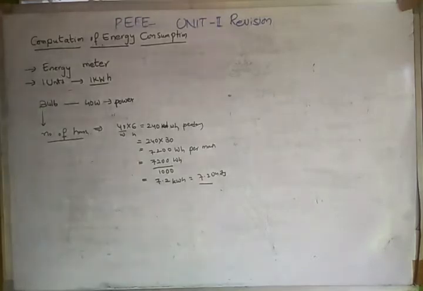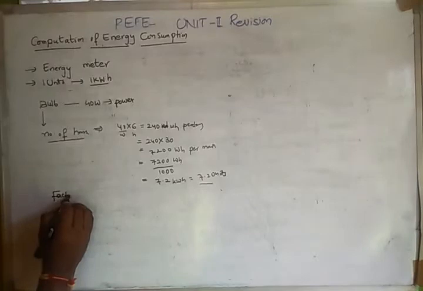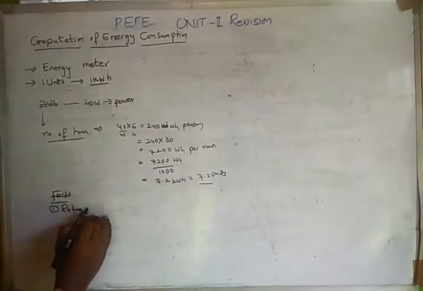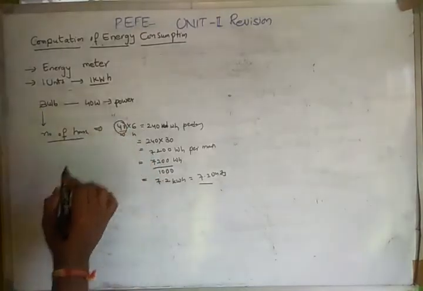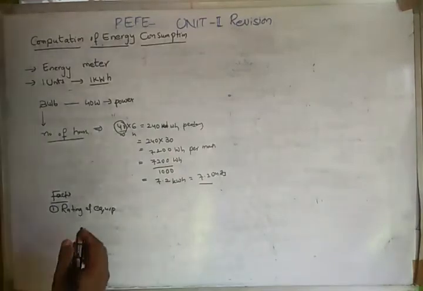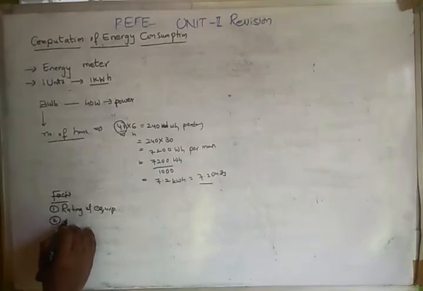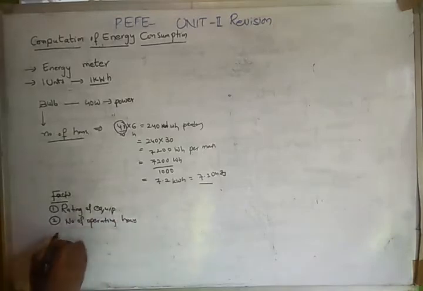So this is how energy consumption is calculated, mainly based upon three factors. One factor is the rating of the equipment, like 40 watts, 60 watts, 100 watts, 10 watts, 9 watts. The second is the number of operating hours.